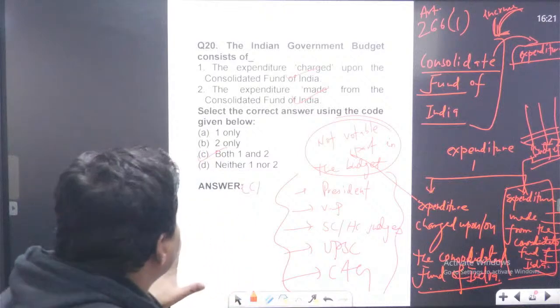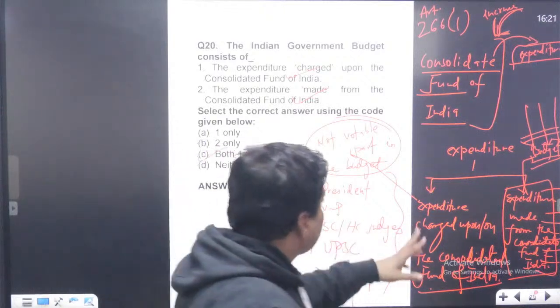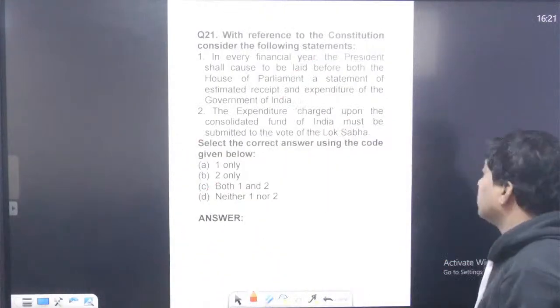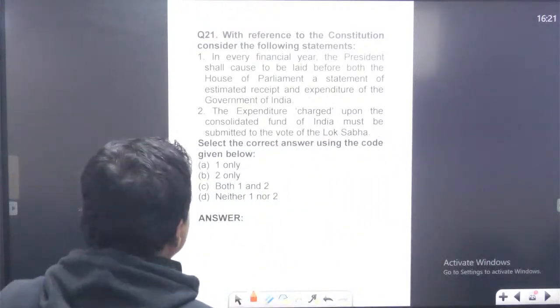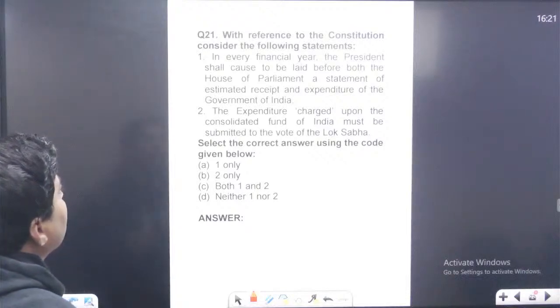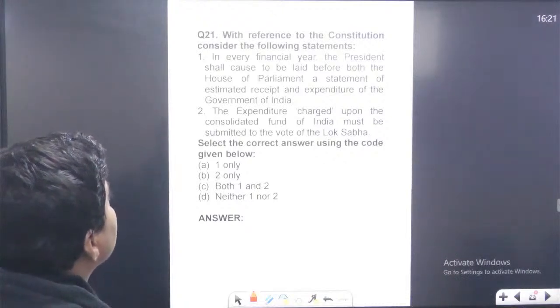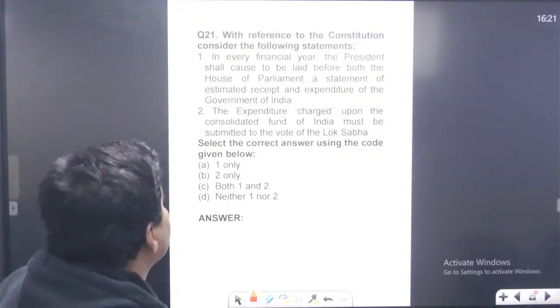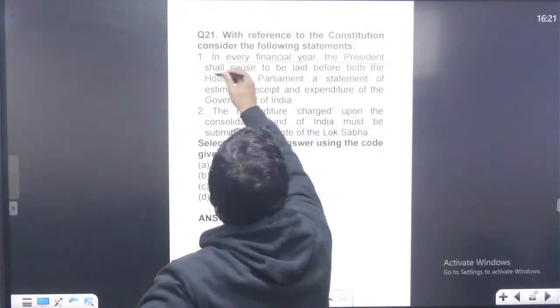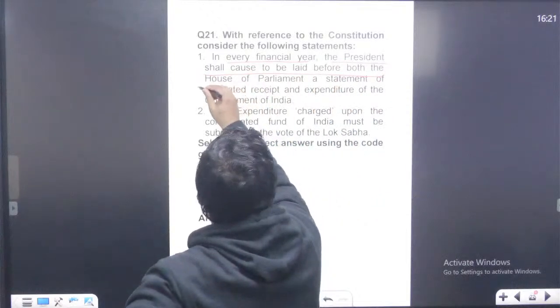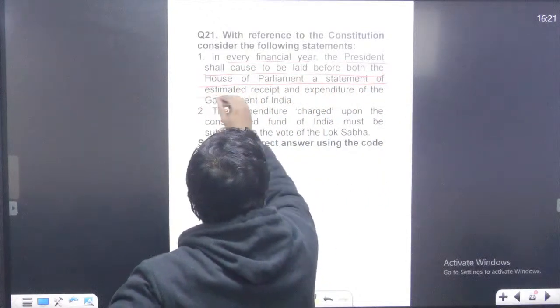So that you remember it, now let's see a few questions. With reference to the Constitution, consider the following statements. In every financial year, the President shall cause to be laid before both the Houses of Parliament a statement of estimate.